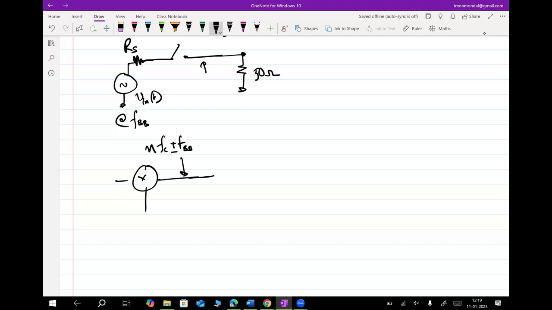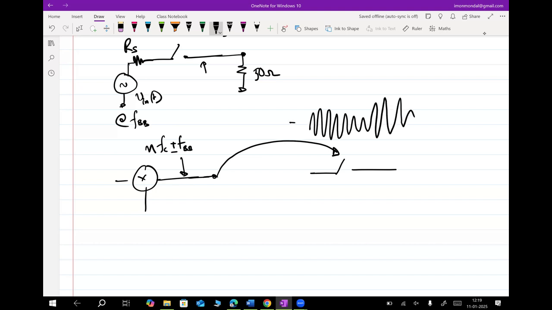And what happens if I simply connect this signal to the control voltage of an ideal switch, right? So this signal is a high frequency signal, right? This goes something like this. Okay. And for the time being let's limit ourselves and say that this is only switching at FC, right? Let's keep things simple.